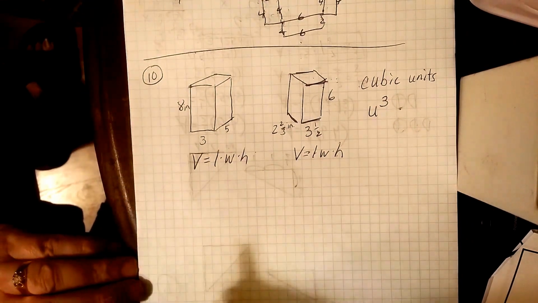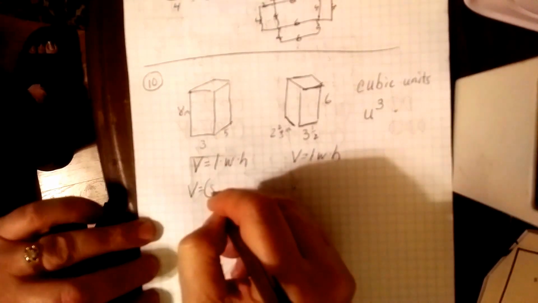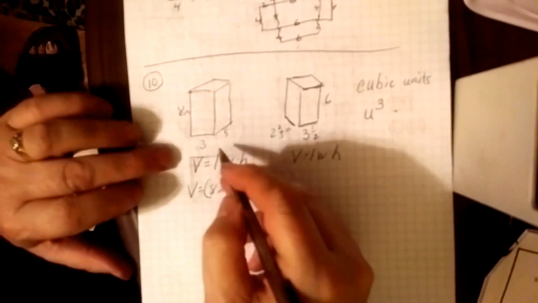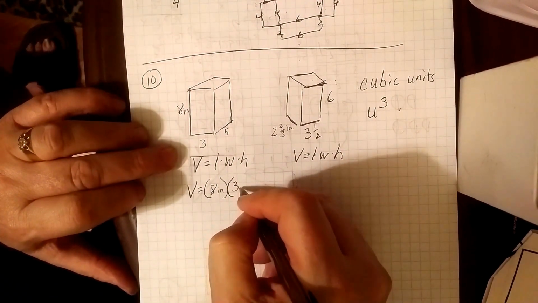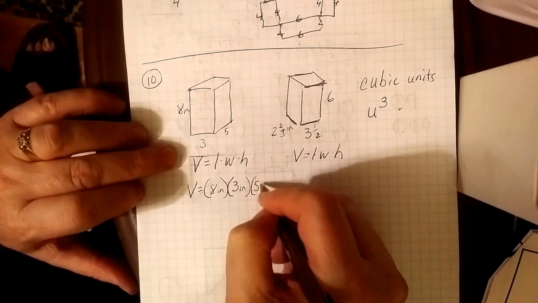So for this, we would have volume equals length, 8 inches, width, and we can use these pretty much interchangeably. So we're multiplying, so multiplying is commutative.